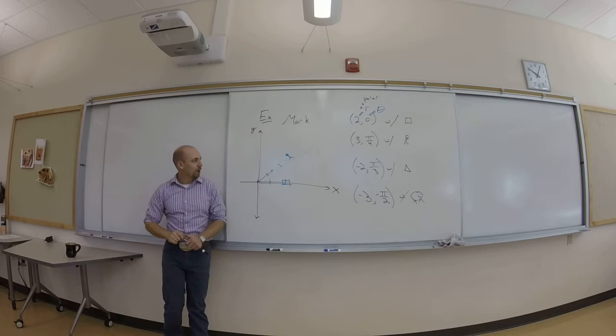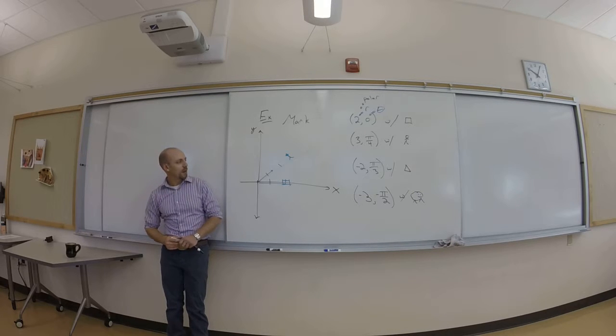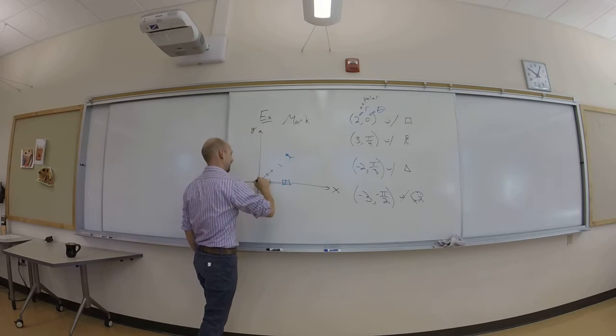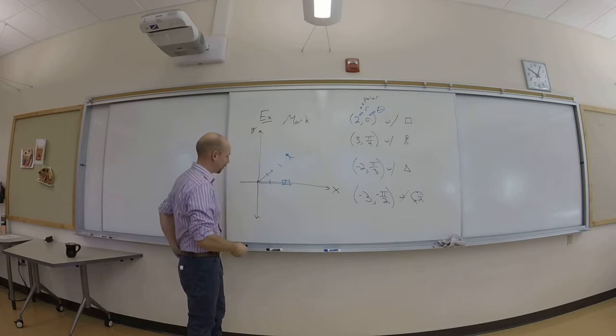All right. How about graphing -2, pi over 3? Do the angle pi over 3 and then go back. So I need to go pi over 3, which is 60 degrees, or a third of the way to pi. It's probably time for a new color.